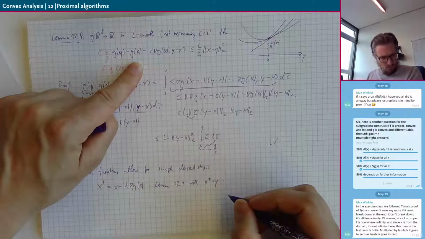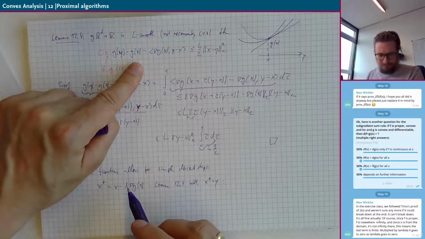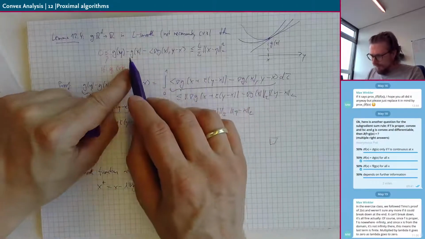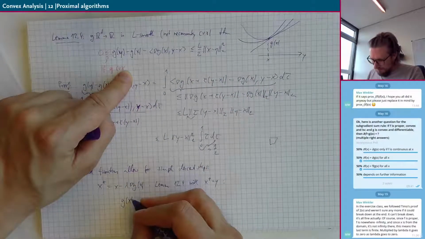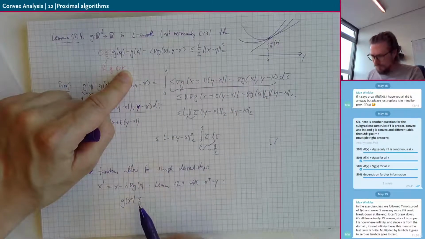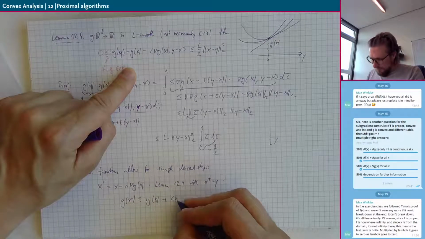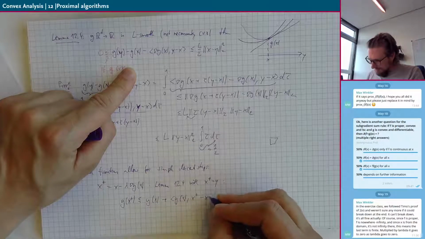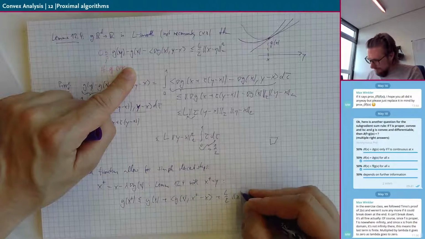Then we bring these terms to the right hand side, and get g of x plus is smaller or equal to g of x plus gradient g of x times (x plus minus x) plus L over 2 norm of (x plus minus x) squared.